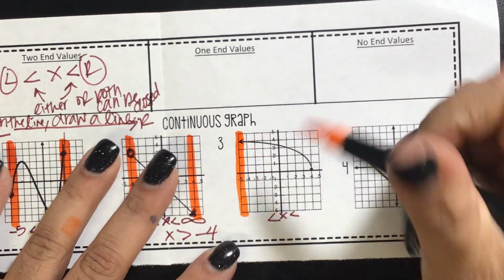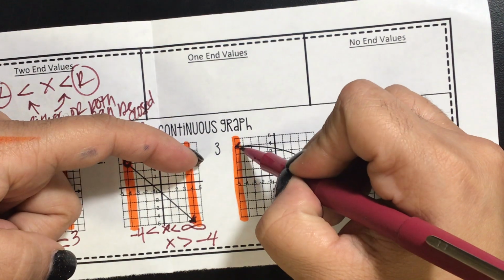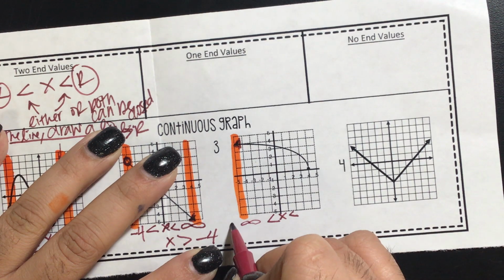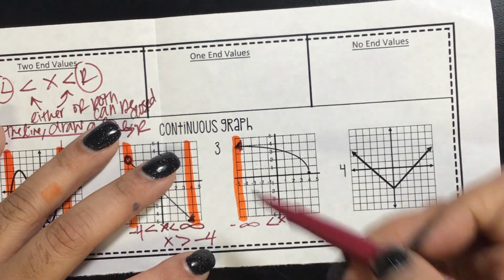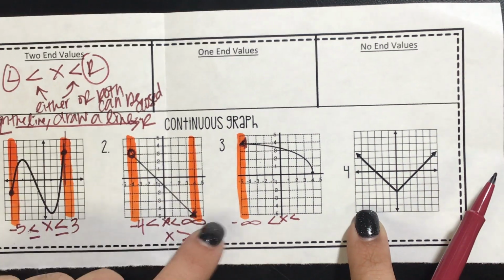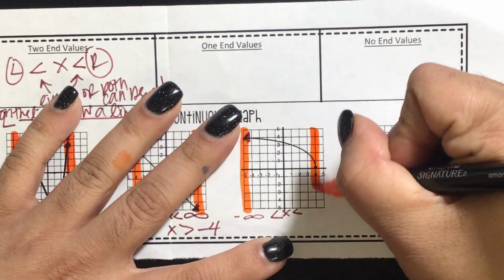Start from the left. In this one, because you're coming from the left and you have an arrow here, it's still an infinity, but this time it's a negative infinity because all of these numbers are negatives and they keep getting smaller and smaller. And then we're going to come from the right.